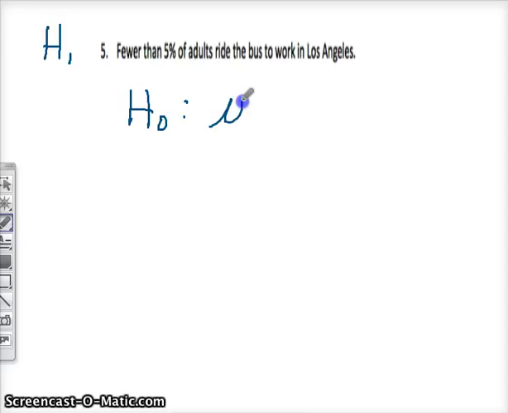So mu, actually that would not be right. That would be, it's a proportion. So, y'all forgive me here for messing up, that's okay. All right, so you're going to say P hat, or P is equal to 5%, okay?